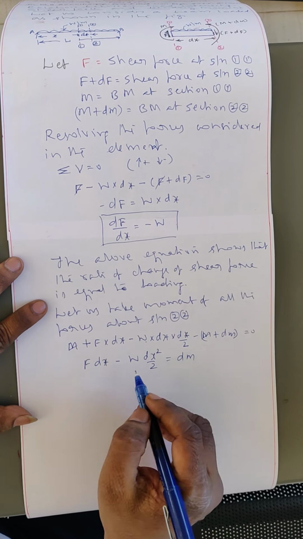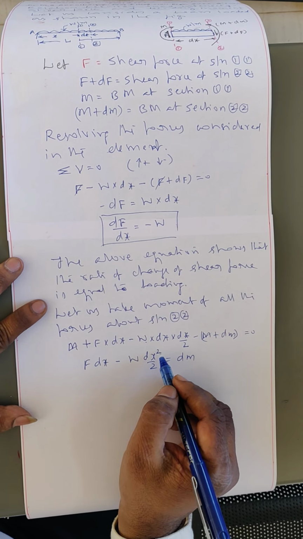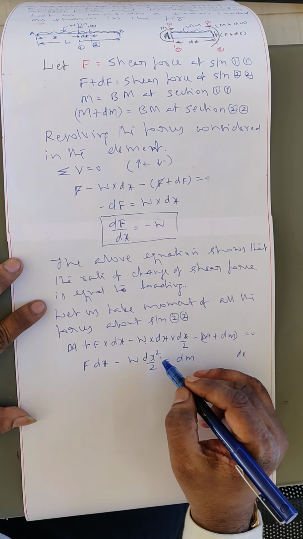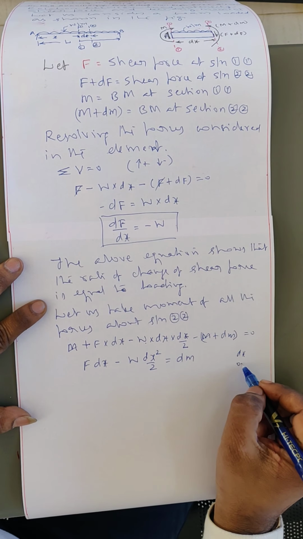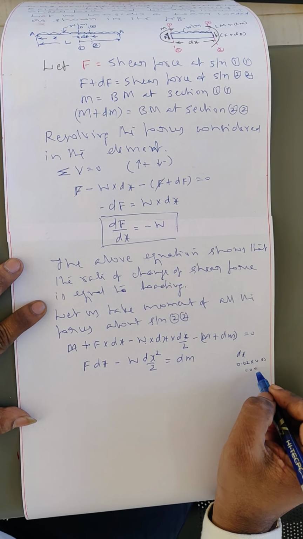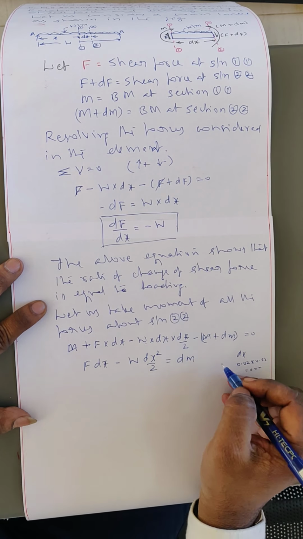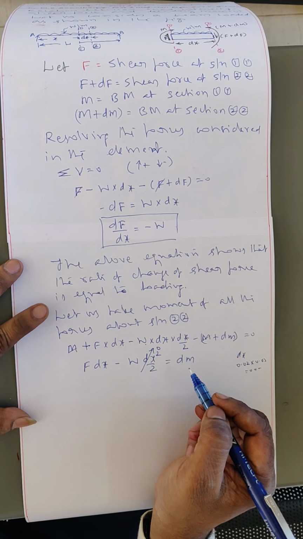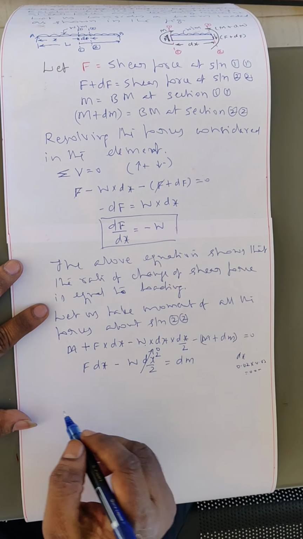Here, dx is very small, so the dx square is negligible. For example, 0.02 into 0.02 is 0.00 something. It is neglected. Because it is a very small value, we are neglecting this, making it 0.